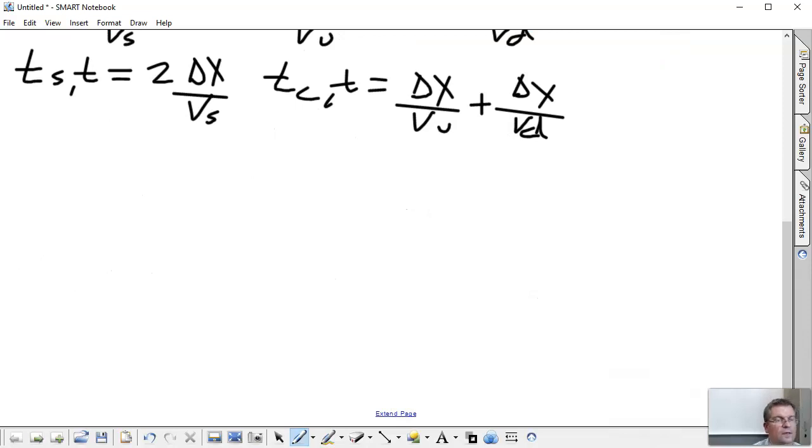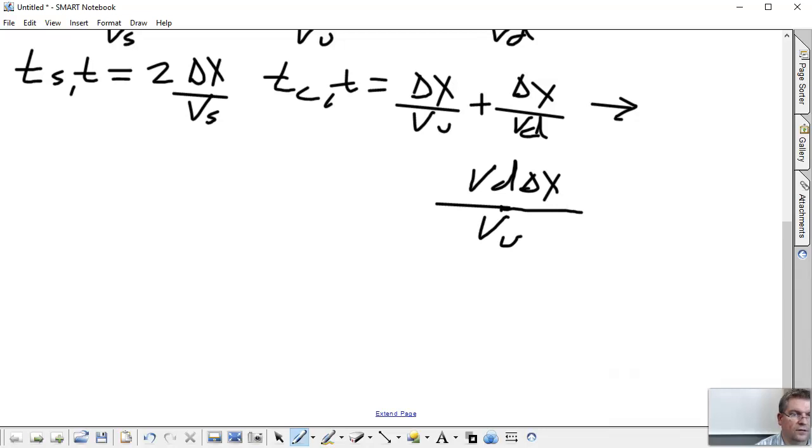Okay, now we're ready to plug those into the corresponding equation. I'm going to rewrite this equation so that they have a common denominator. So we have v sub d delta x over v sub u plus v sub u delta x over v sub d.